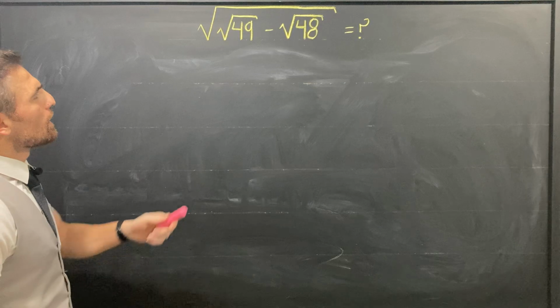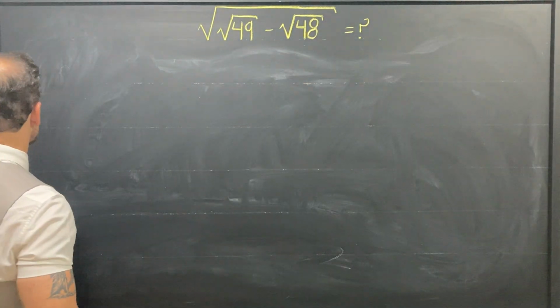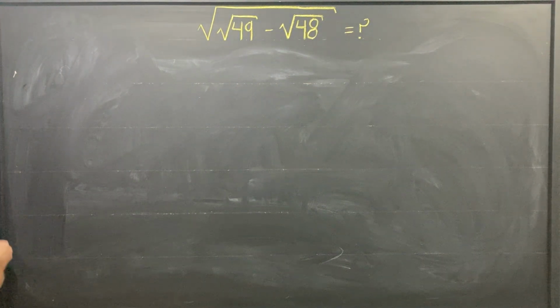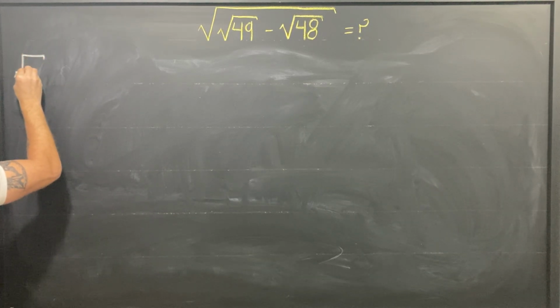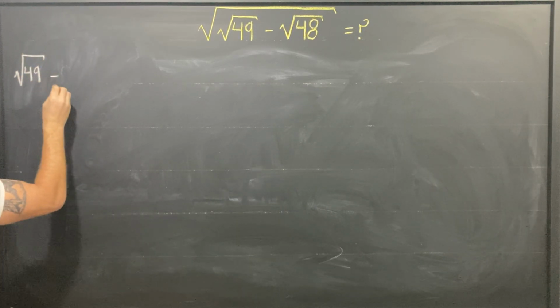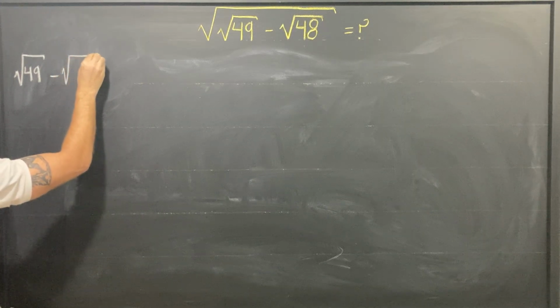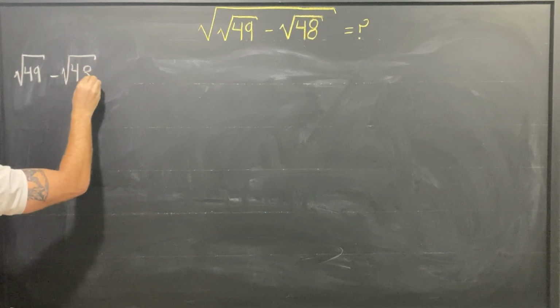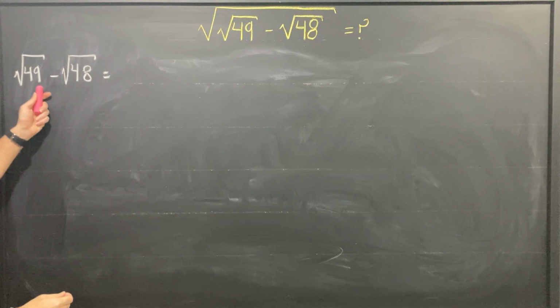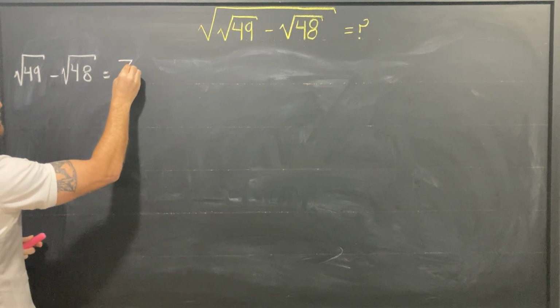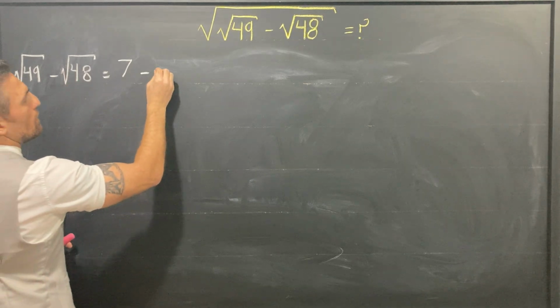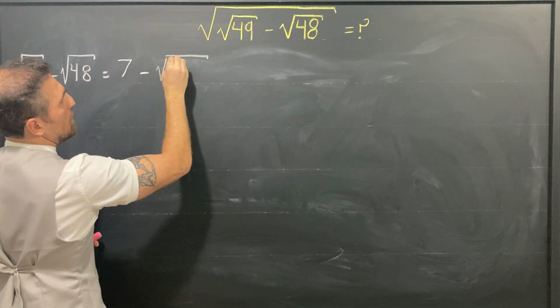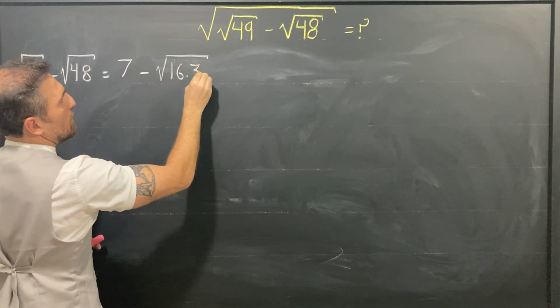To start the solution, let's rewrite this inner part that says square root of 49 minus square root of 48. Right. Square root of 49 is 7, minus square root of 48 can be written as a product of two numbers, 16 and 3, 16 times 3.